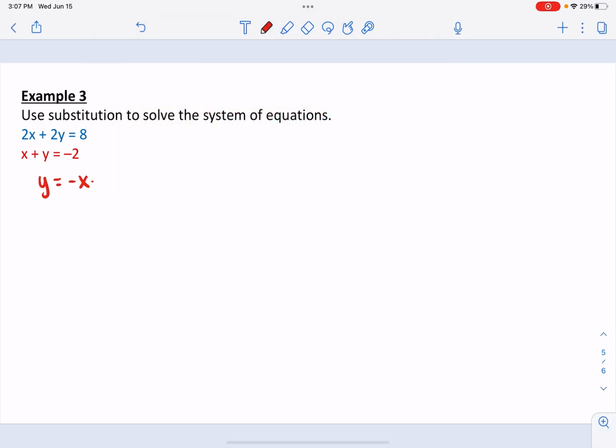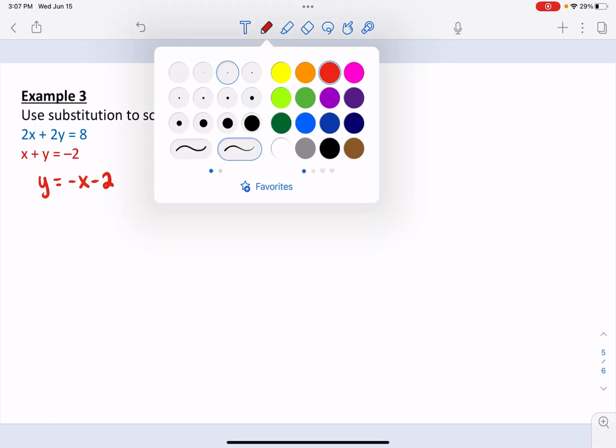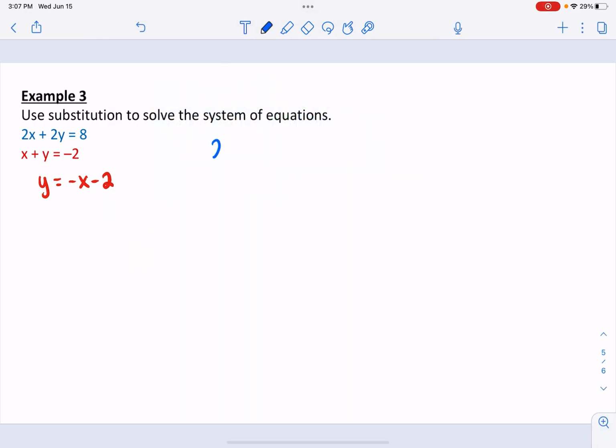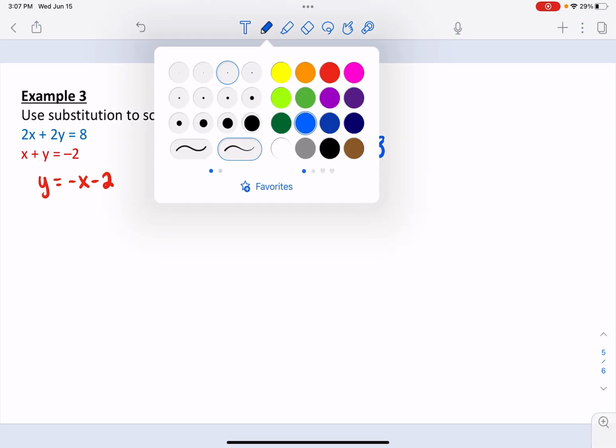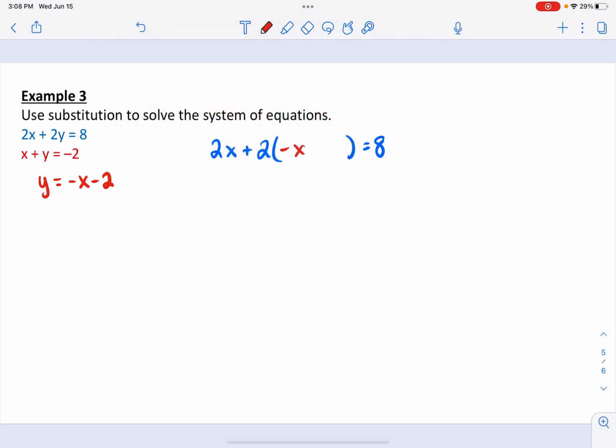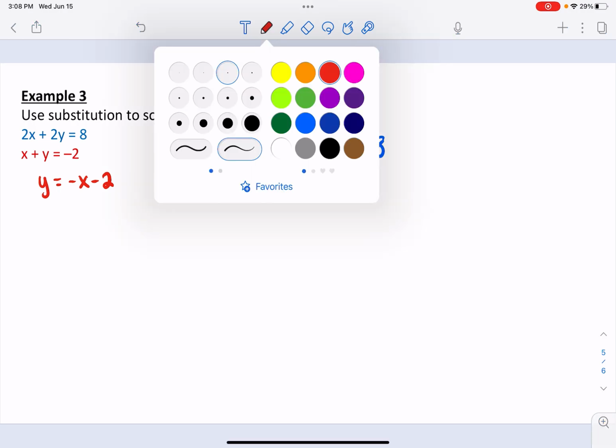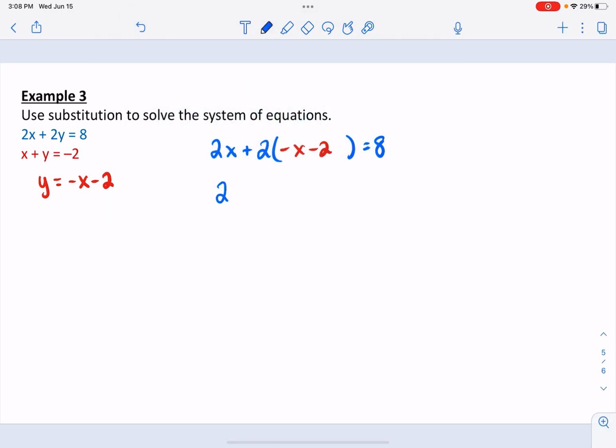I'm going to subtract x over. Then I'm going to substitute into the other equation. And now I'm going to simplify.